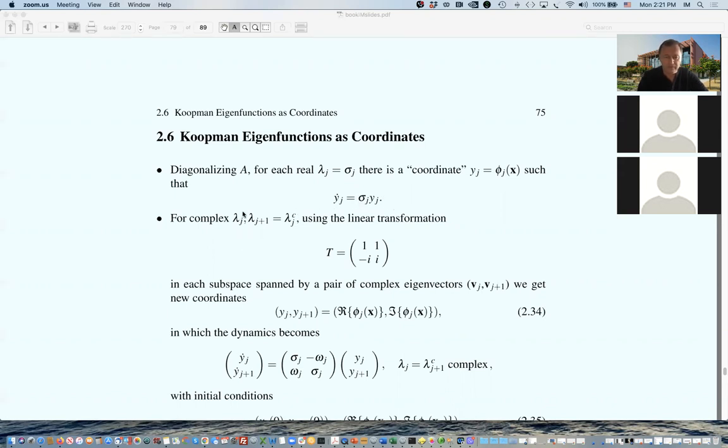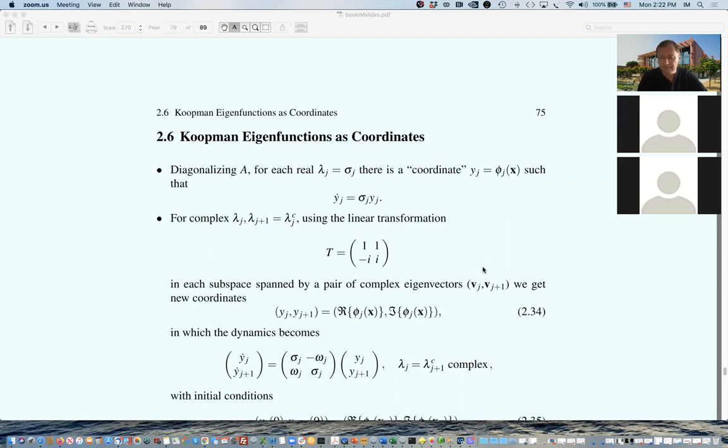Now, if we have a complex conjugate pair, lambda j and lambda j plus 1, which is lambda j complex conjugate, then we can use a complex linear transformation in the subspace that is spanned by the pair of complex eigenvectors vj and vj plus 1.